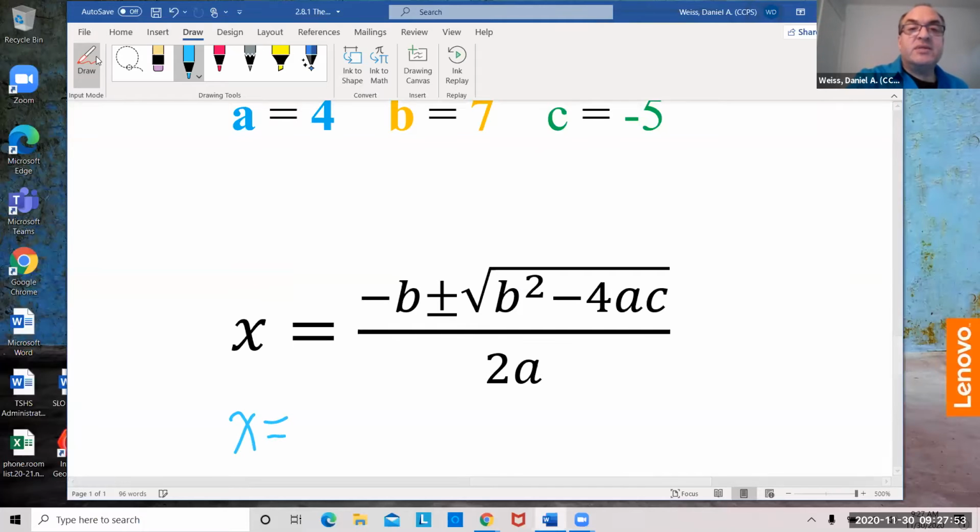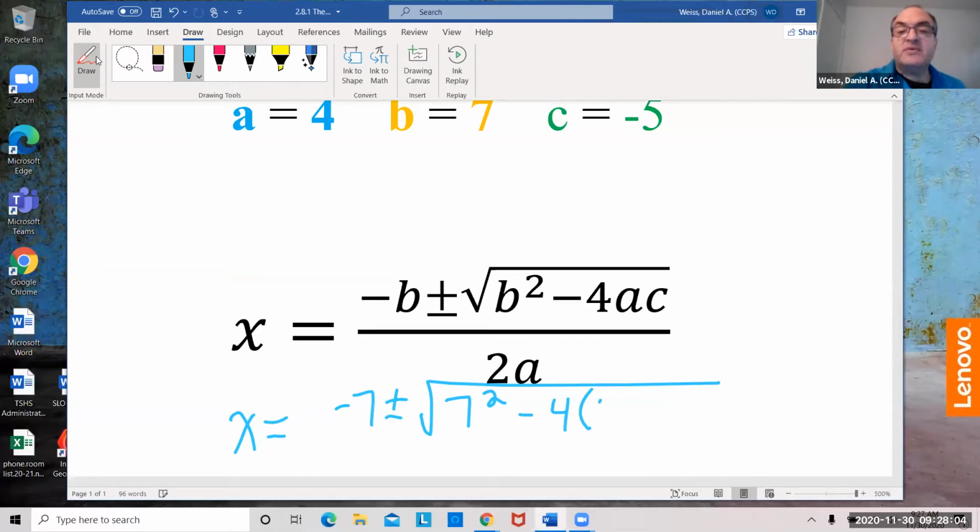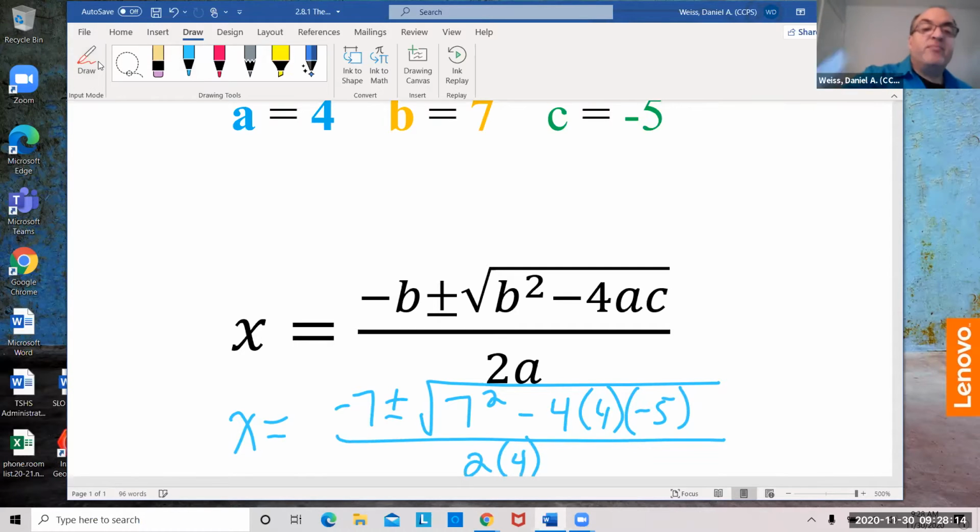X equals negative 7 plus or minus square root of 7 squared minus 4 times 4 times negative 5, all over 2 times 4. Simplify.